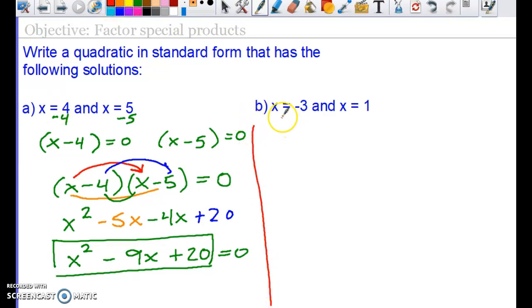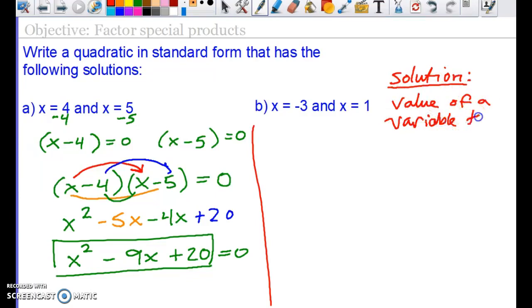For b, x equals negative 3 and x equals 1 are the solutions. Remember, a solution is a value of a variable that makes the equation true. So we know that negative 3 and positive 1 are solutions.